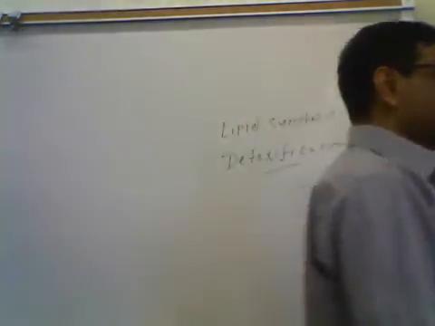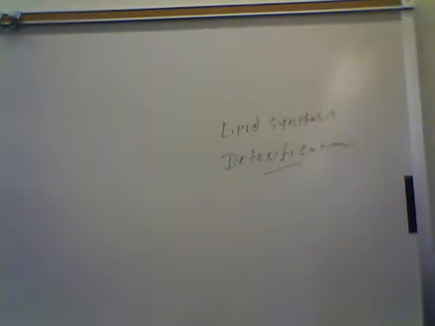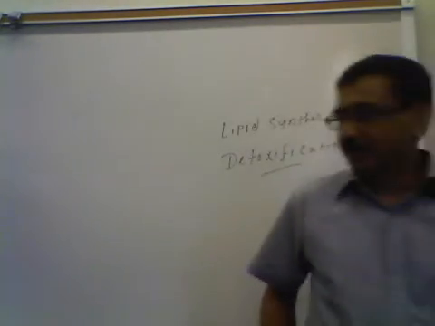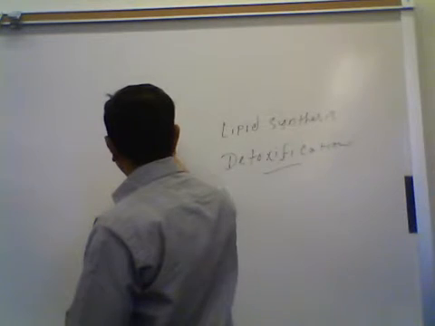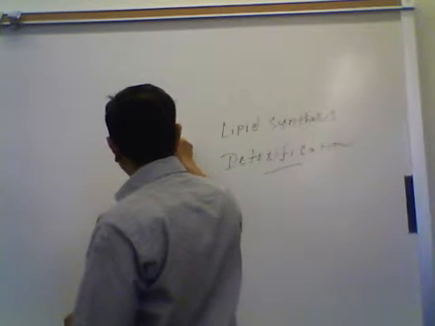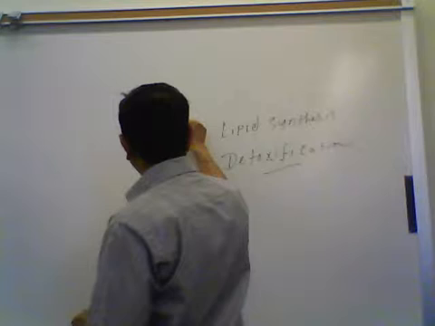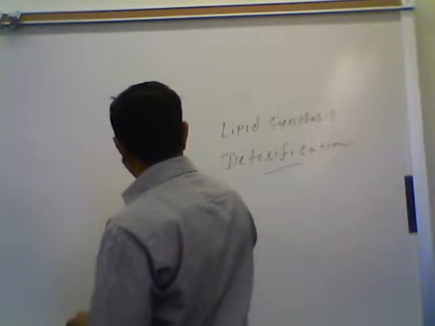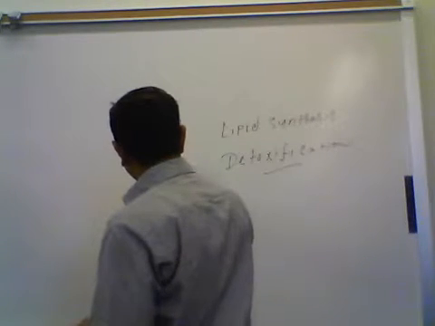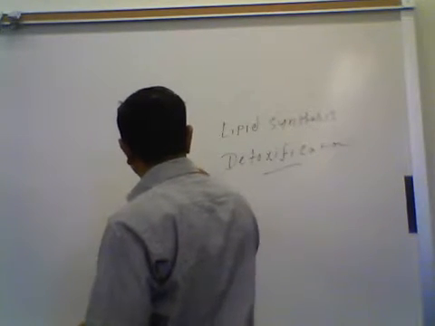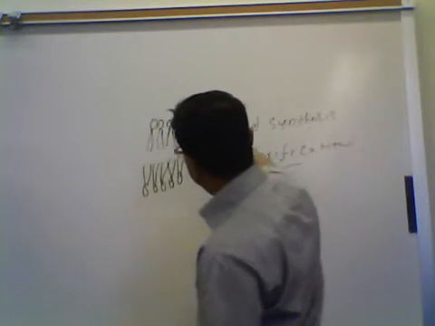Now here you see, this is a cell membrane, and these are phospholipid molecules, phospholipid units or molecules. They are like this. And they form how many layers? Two. That's why we say bilayer. This is one layer of phospholipid.